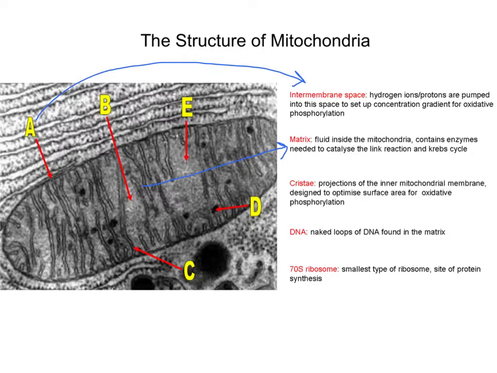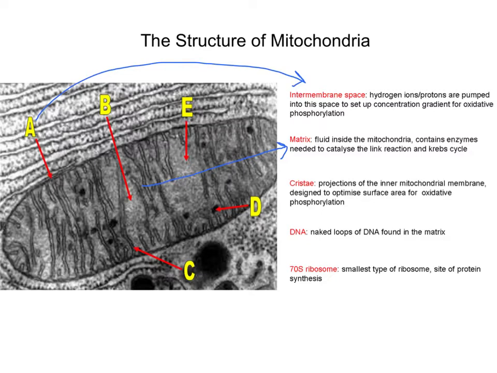Now, that link reaction is almost like a precursor to what's known as Krebs Cycle. Krebs Cycle is the big cycle in respiration where we use that acetyl-CoA and we get ultimately the production of ATP. So, like I said, I'm going to, in a separate video, talk about Krebs Cycle, but that's what those enzymes are used for. They're used in those respiration processes known as the link reaction and in Krebs cycle, and they're found within that matrix, that fluid.